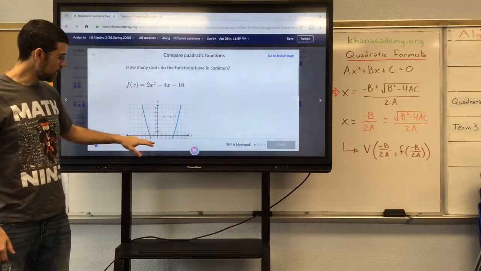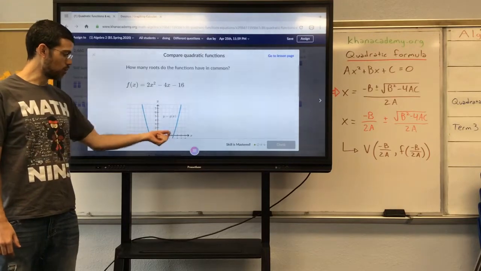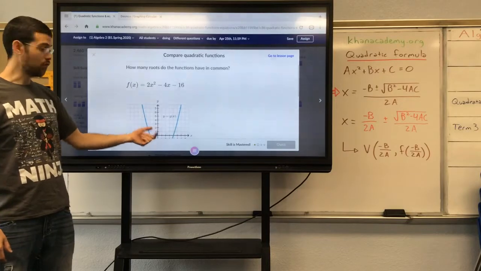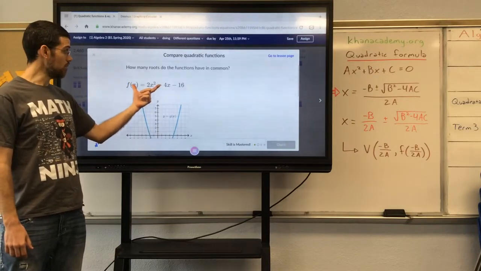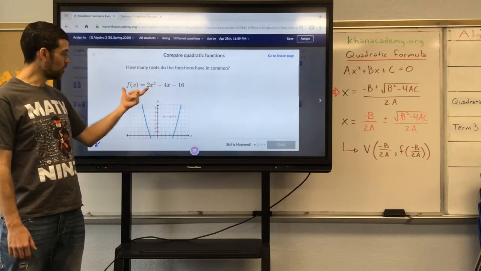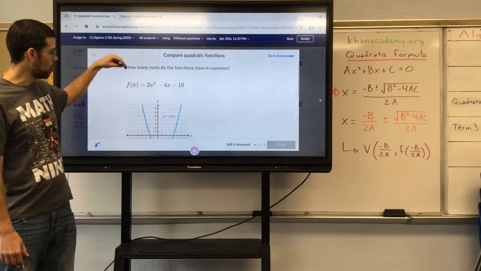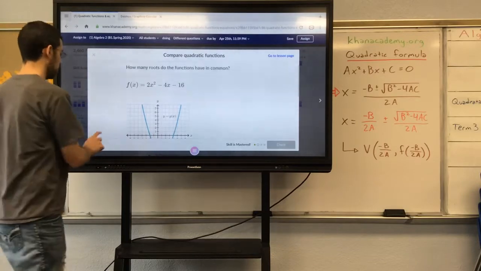So this one hits the x-axis at 2 points. Each of those x coordinates is a zero of the function, that is a root of the function. And so we need to figure out what are the x coordinates where this function value is 0, where you're on the x-axis, so the y value, or the value of the function, equals 0.